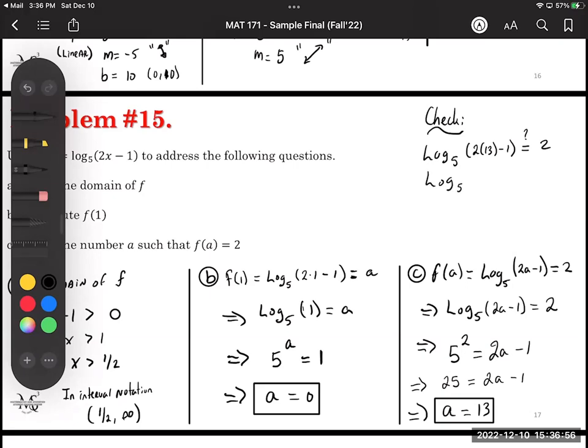So this gives us log base 5 of 25 is equal to 2. If I rewrite this in exponential form, it's just 5 squared is equal to 25. Is that a true statement? Yes, it is. So it works out.